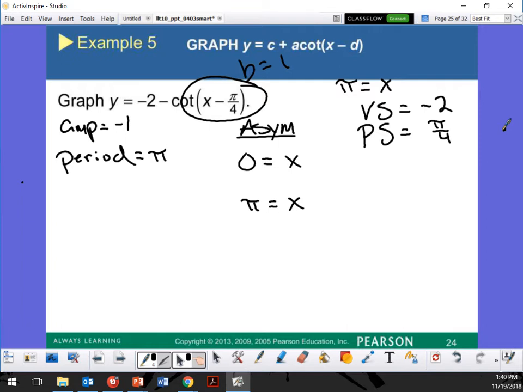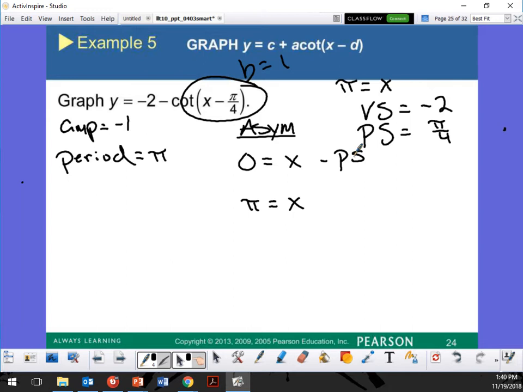For my phase shift, it's going to be minus the phase shift.